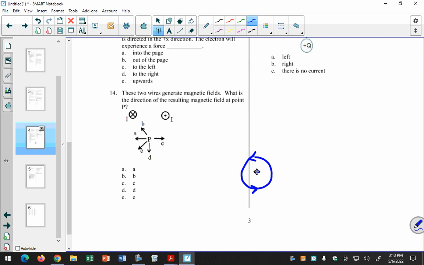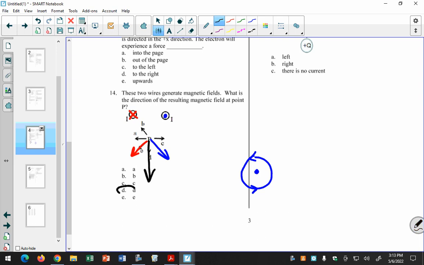My thumb goes out of there, and my fingers wrap around in a counterclockwise direction. So due to this wire, I'm going to have a magnetic field in that direction. And then due to this wire, if I let my thumb go in the direction of the current, then I'm going to have a magnetic field in that direction. So I have these 2 magnetic fields that add up. That means that the net magnetic field is going to be down and in this direction.